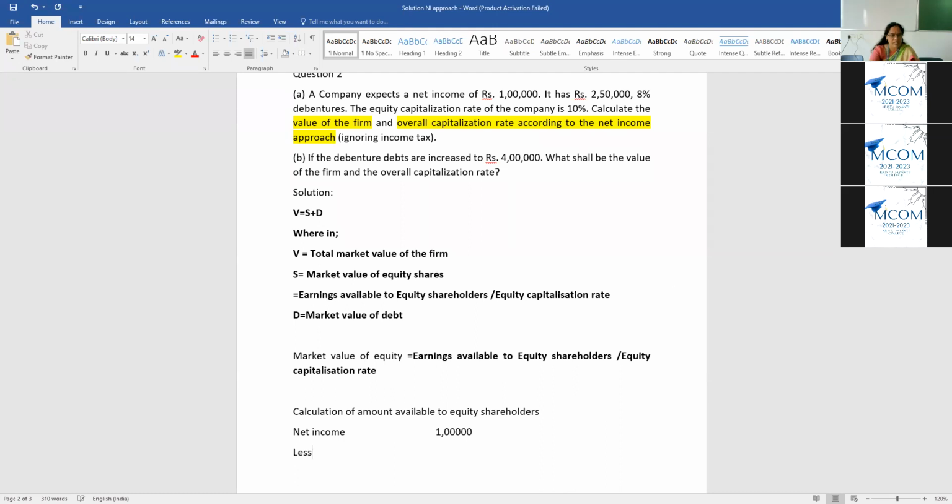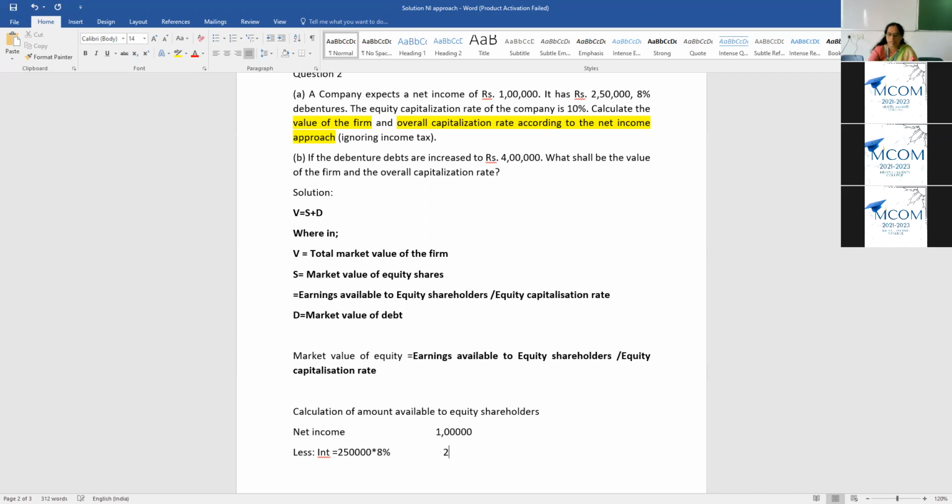From this we are going to minus. Your net income is nothing but your EBIT. So first we are going to minus the interest. How much is the interest? Interest is paid on debentures, right? What is the amount of debentures given in the problem? 2,50,000 into the rate of 8%. 2,50,000 into 8%, how much are you getting? 20,000.